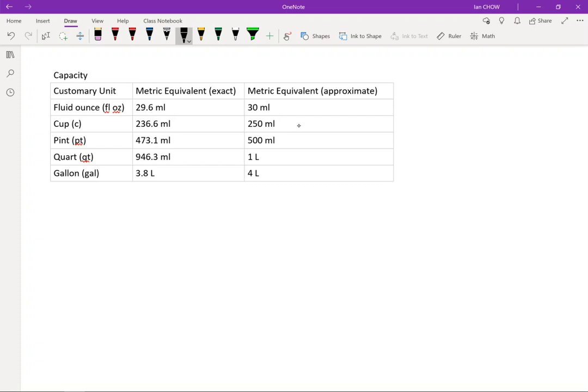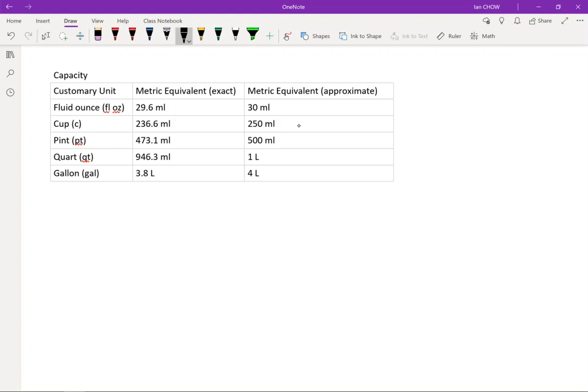Not many people use quarts. I'm not sure if they actually use a lot of quarts in America, but just think of a quart as equivalent to 1 liter. And a gallon is close to 4 liters. I don't exactly know some equivalents for those, but a standard, not too big, not too small bottle of water would be a pint.